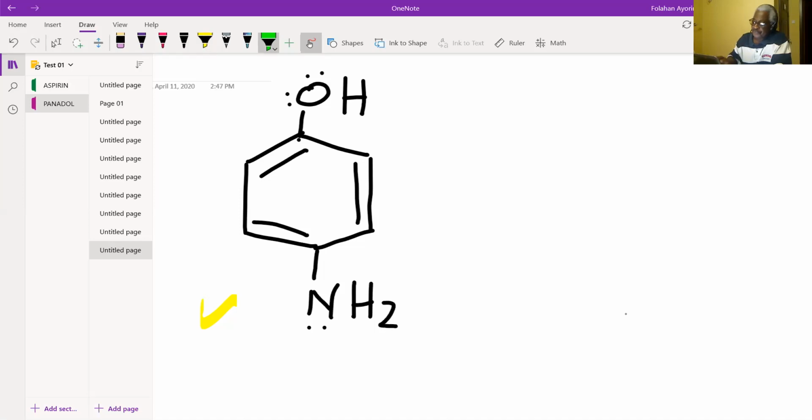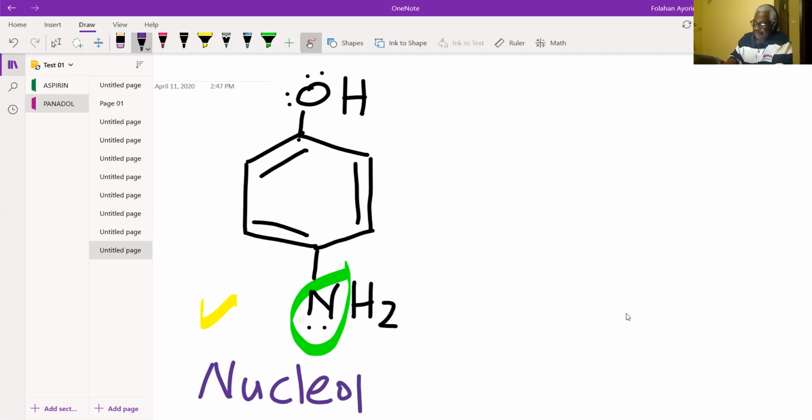this nitrogen here is more nucleophilic than this oxygen.